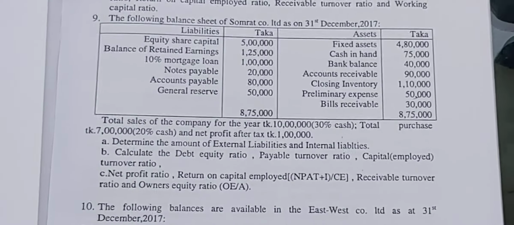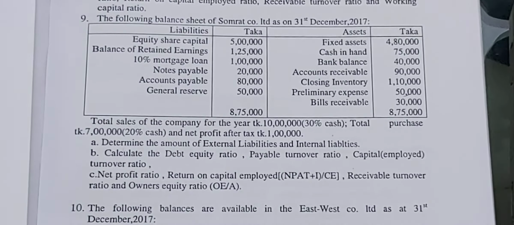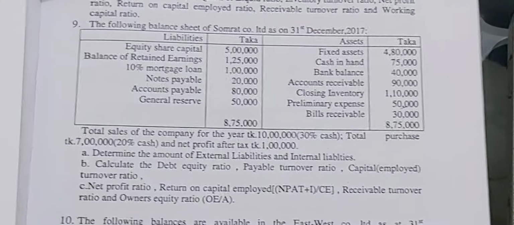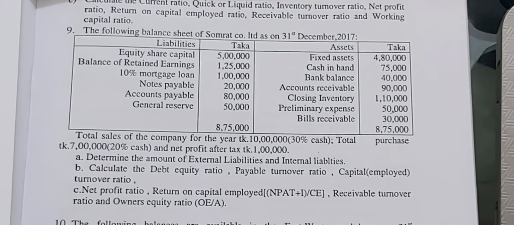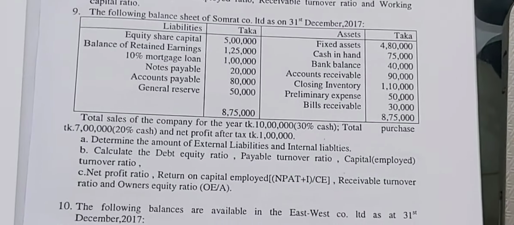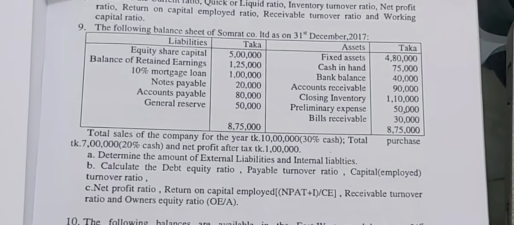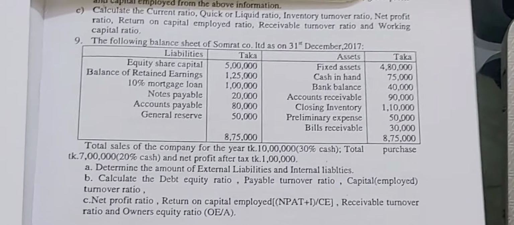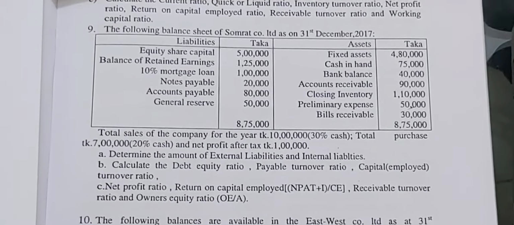Total sales of the year taka 10 lakh, in bracket 30% cash, that is 70% on credit. Total purchase taka 7 lakh, in bracket 20% cash, that is 80% on credit. And net profit after tax taka 1 lakh.